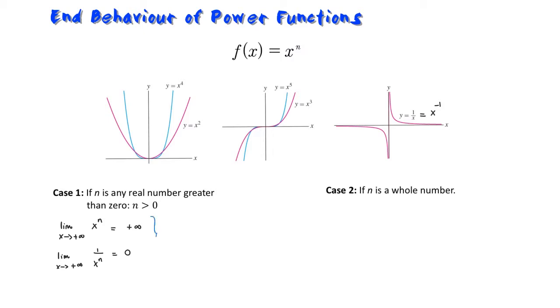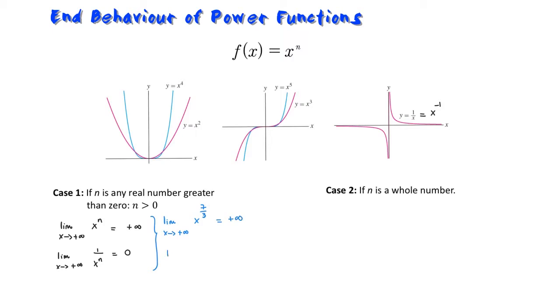So now you know, from now on, if you ever encounter, for example, the limit as x approaches positive infinity of x^(7/3), I want you to think about the exponent. 7 over 3 is a real number bigger than 0. So according to this result, this should be equal to positive infinity.